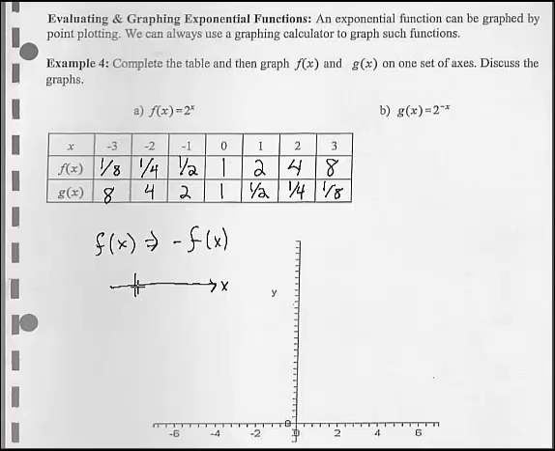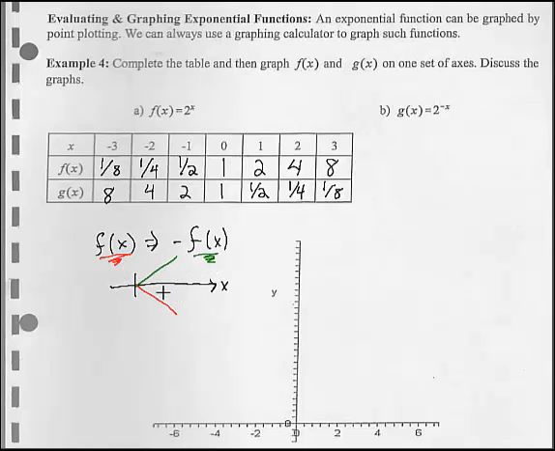So let's say that f of x is this function. Then placing a negative in front of f of x would result in a similar function where the values would be flipped across the x-axis, and it would look something like that.